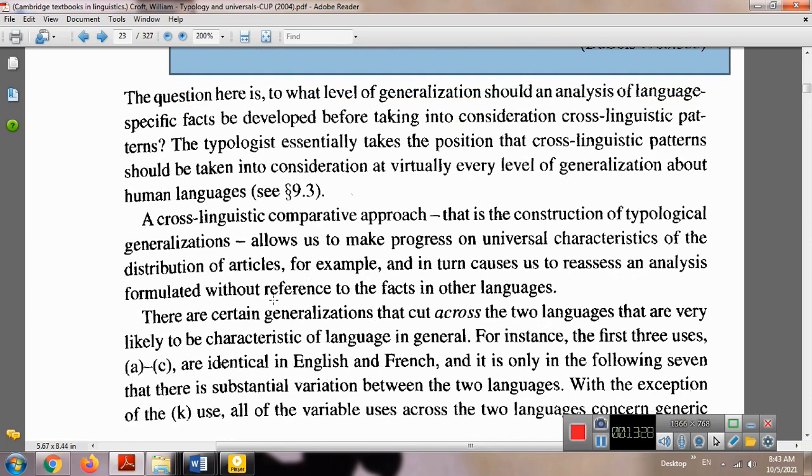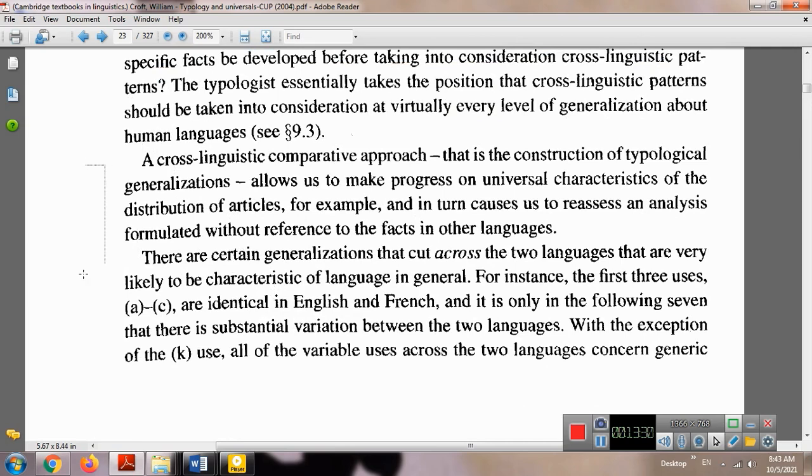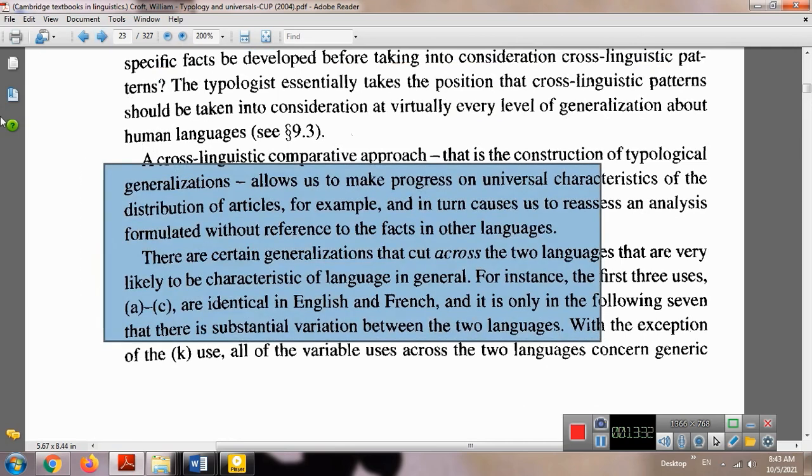A cross-linguistic comparative approach, that is, the construction of typological generalizations, allows us to make progress on a universal characteristic of the distribution of the articles, for example, and in turn causes us to reassess an analysis formulated without reference to the facts in other languages.